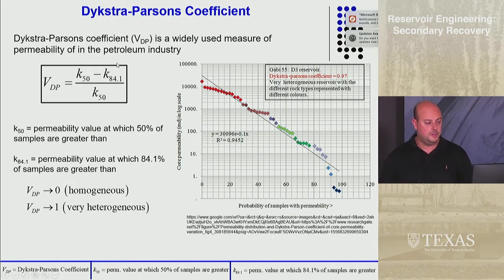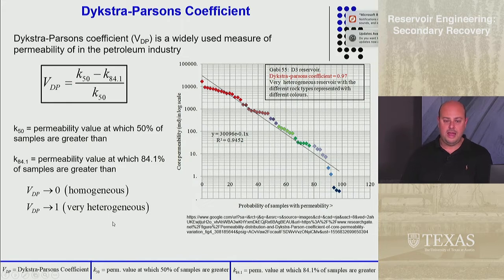And that makes sense because the same permeability would be the one at which 50% are greater than as at 84.1%. So your numerator would be 0 here. This would be a completely homogeneous sample. The permeability is exactly the same for all of them. On the other end of the spectrum, a Dykstra-Parsons coefficient of 1 would be very heterogeneous.